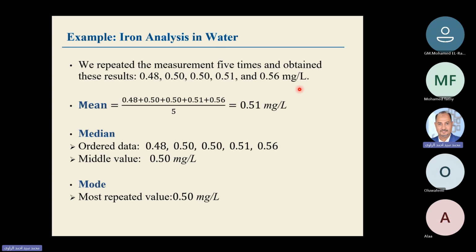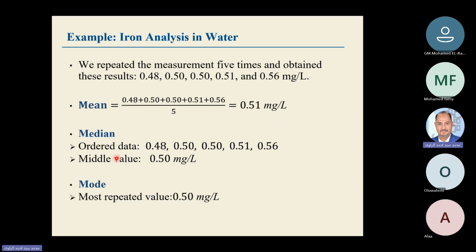When we determine the mean, we sum all these data and divide it by its count, by 5, because there are 5 measurements. So the mean will be equal to 0.51 milligram per liter.